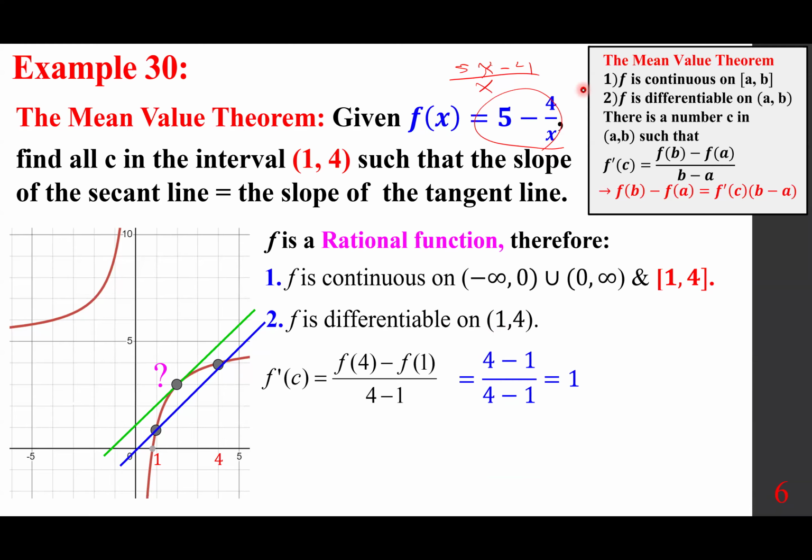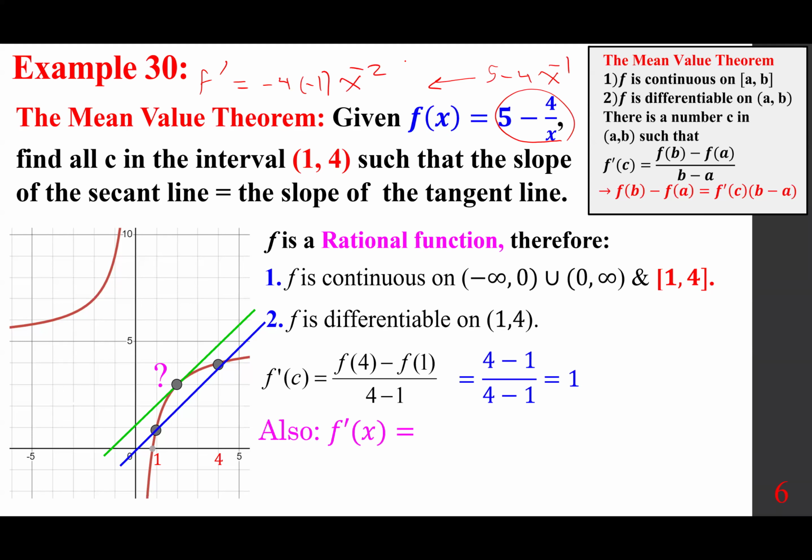Now let's find f prime of x. To find f prime of x, let's look at this one and write it as 5 minus 4x to the power of minus 1. So if you want to differentiate it, then f prime becomes -4 times -1 times x to the power of -2, or simply 4/x².